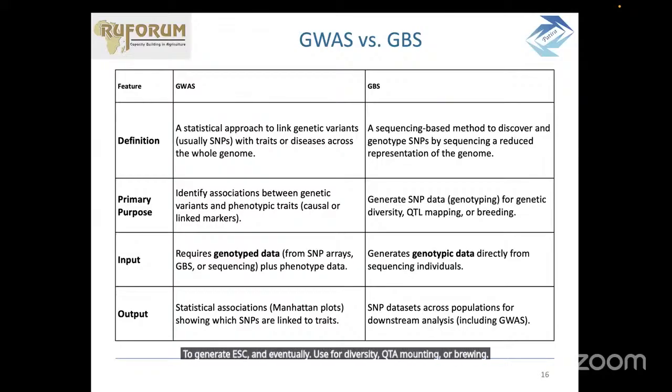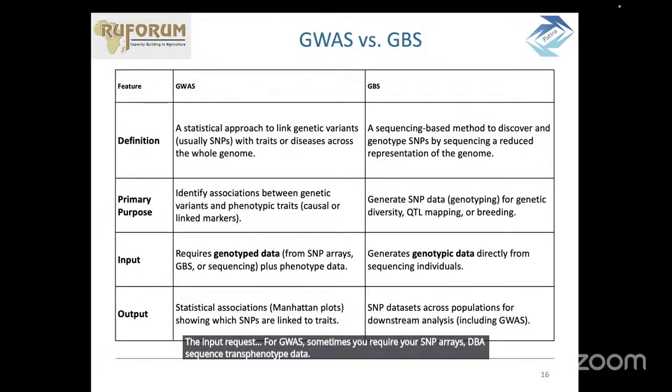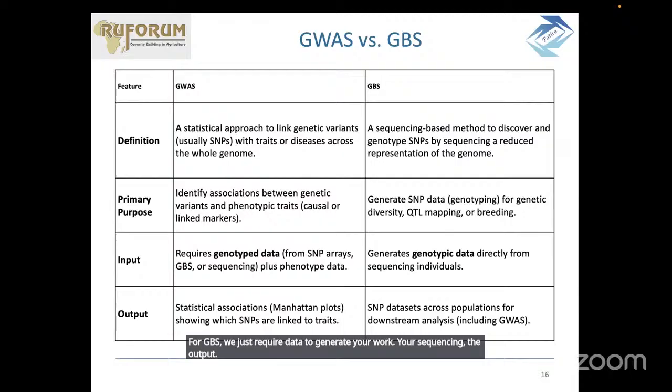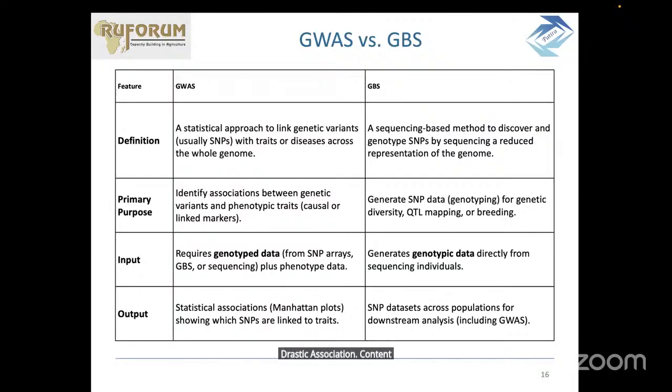The input required, for GWAS, sometimes you require SNP arrays, or GBS sequence plus phenotype data. For GBS, you just require data to generate your sequencing. The output, statistical association, Manhattan plots showing SNPs linked to traits. The output for GBS is only SNPs across the population. Okay.